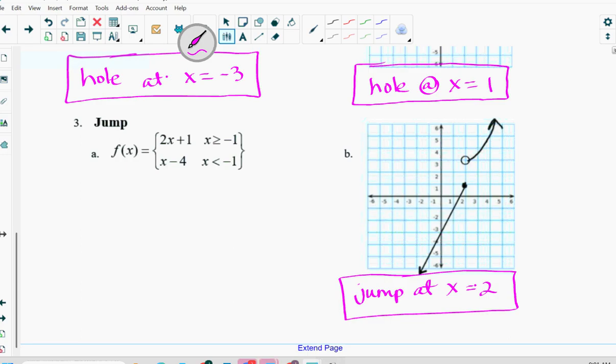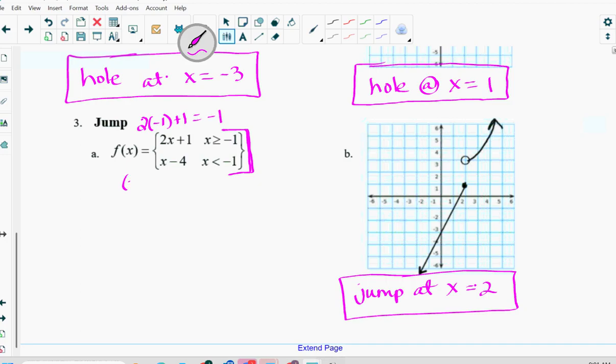If I only give you the piecewise equation, you just need to check with this x value. Plug in -1 and see do they match or not. If they match, the two pieces of your piecewise run into each other and there's no discontinuity. If they don't match, then you have a jump. Okay, so if I plug in -1, 2 times -1 plus 1, what do I get? -1, yep.